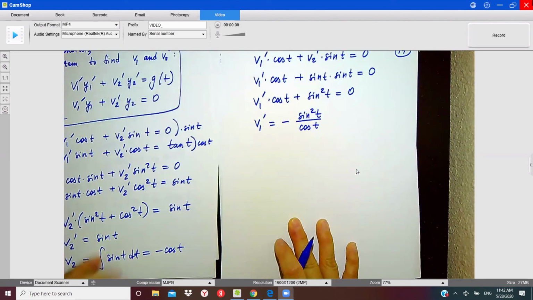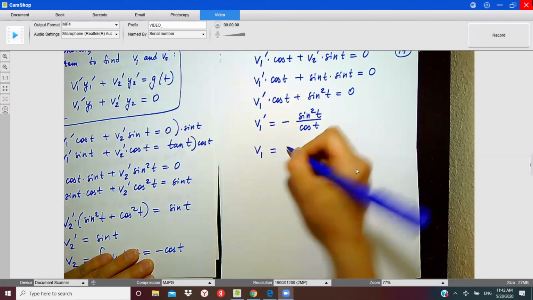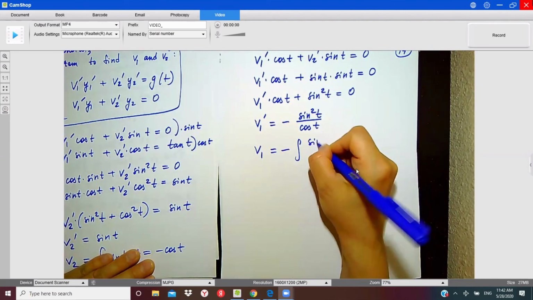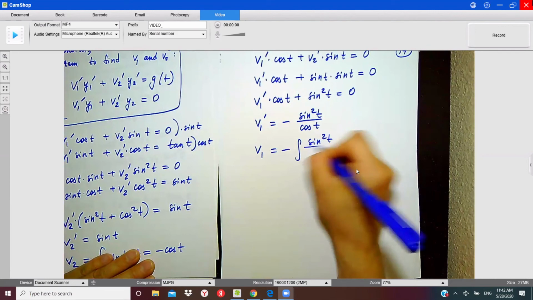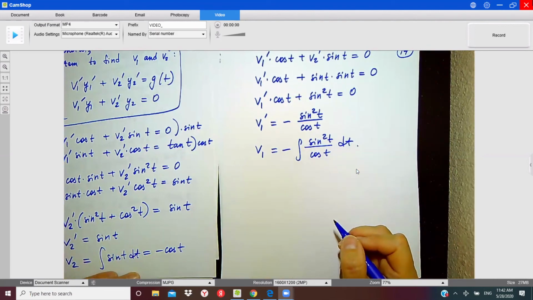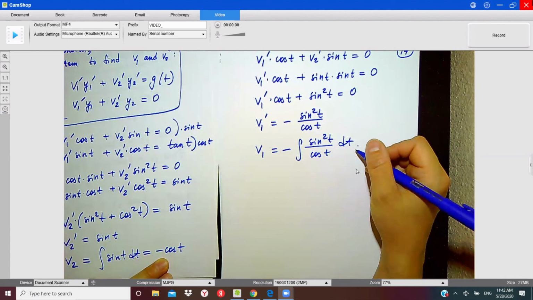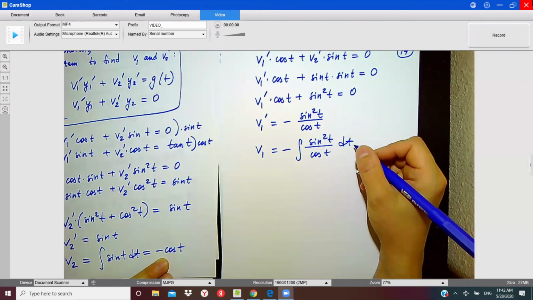So now you're ready to integrate this equation, both sides. Negative integral sine squared t over cosine t dt. Okay, so we found v sub 2 already, so now we just have to find v sub 1. We have to integrate this expression. This is one of the formulas.